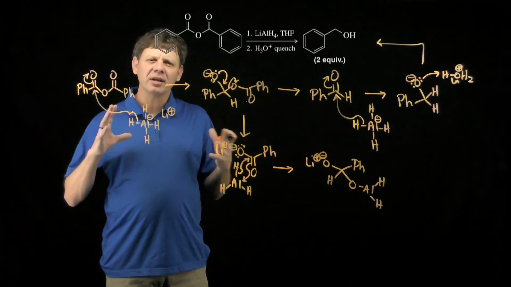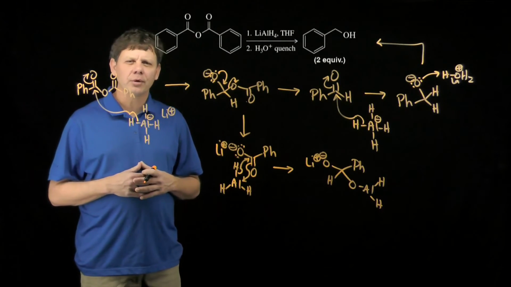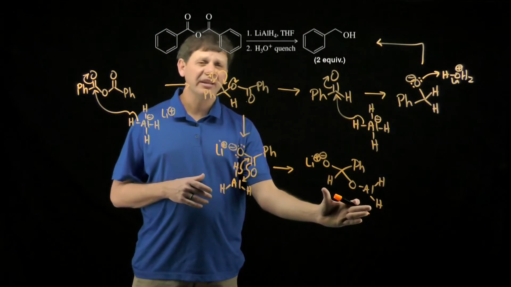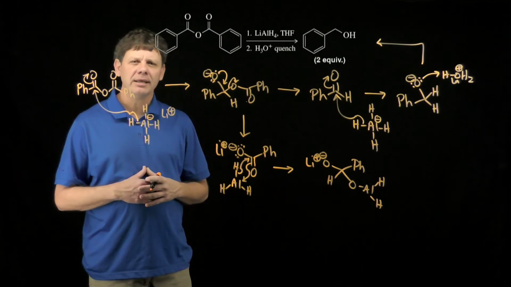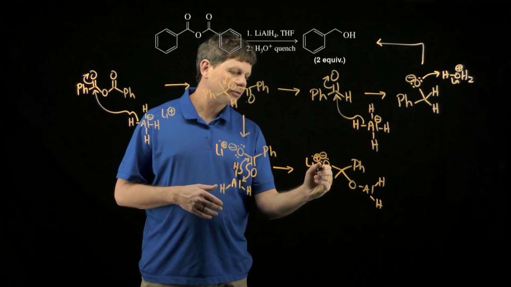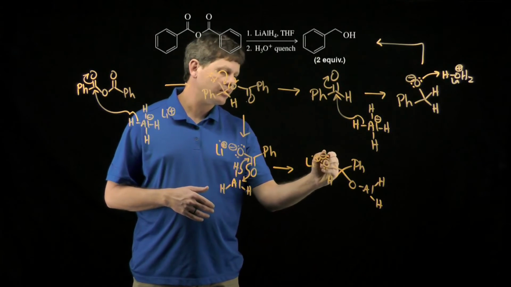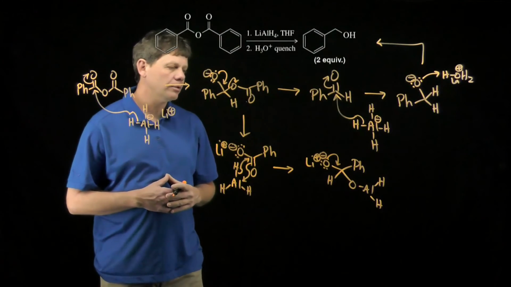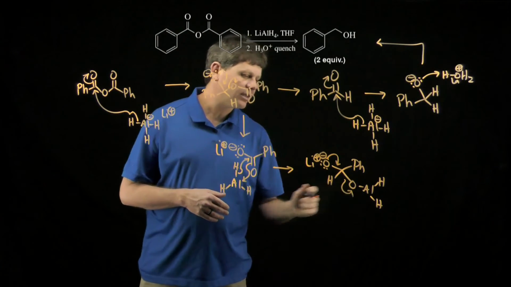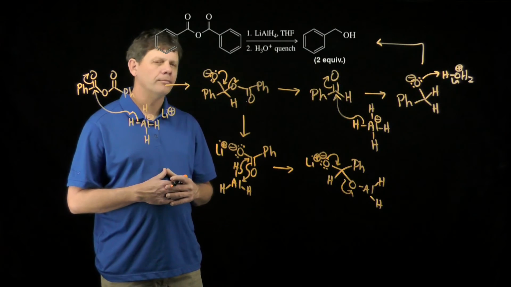Now, this one forms in a little bit different way than was formed in the other carboxylic acid derivative reactions, but this is essentially a tetrahedral intermediate. And as a tetrahedral intermediate, these electrons, the negative charge on oxygen, can collapse down, reform the carbon-oxygen pi bond, and kick out this as our leaving group.